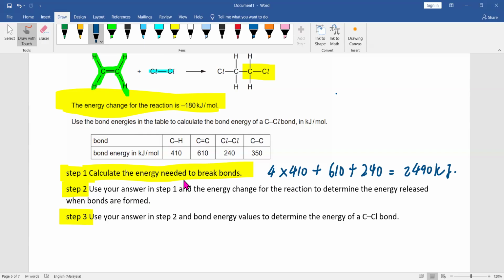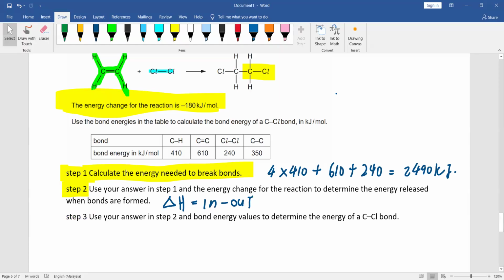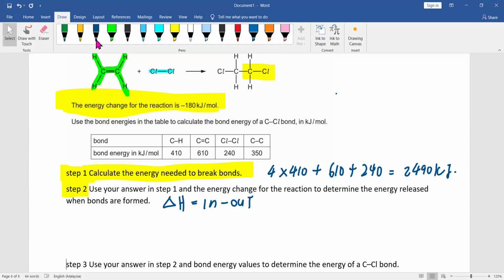Use your answer from step 1. Change the reaction to determine the energy release. So enthalpy change equals in minus out. Does that change? No, that doesn't change. Enthalpy change is negative 180.